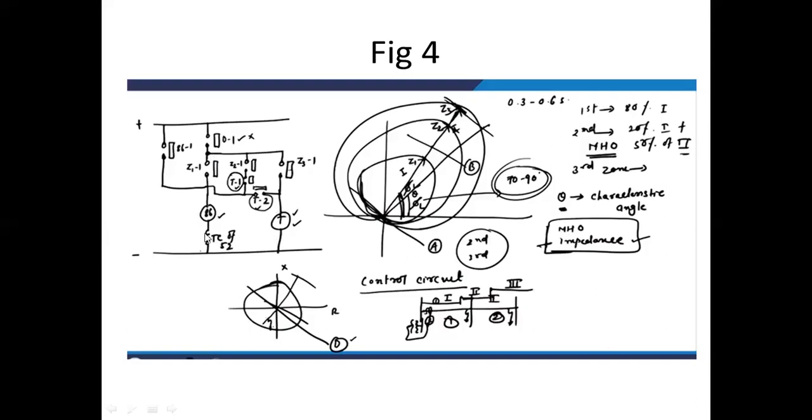This is the trip circuit of 52, and this is the 86. We have the hold-on path also provided by this 86 relay, that is 86-1, connected here.